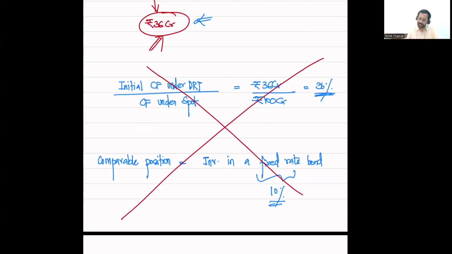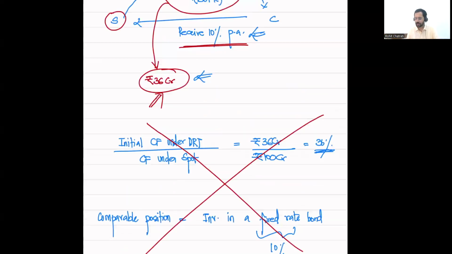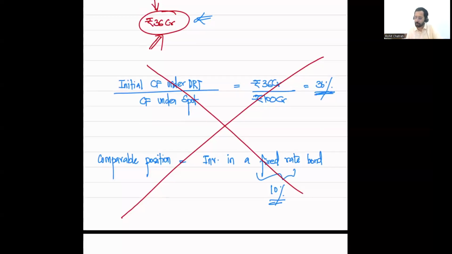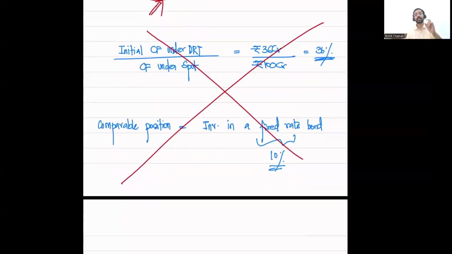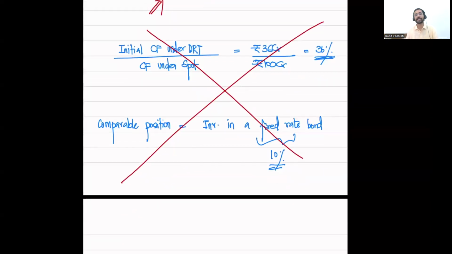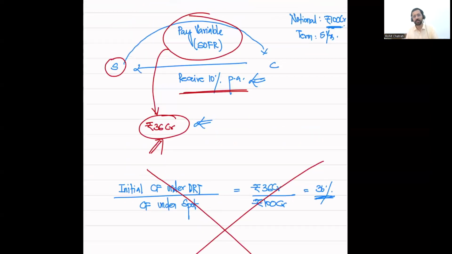We said that the comparable position to receiving 10 percentage every year is an investment in a fixed rate bond. But there is also another comparable position, which is purchasing an annuity. S Limited has a right to receive 10 percentage every year, which means it has a right to receive 10 crores every year.